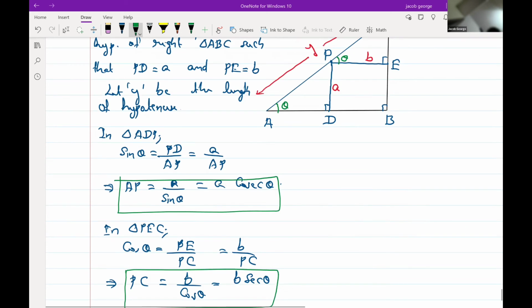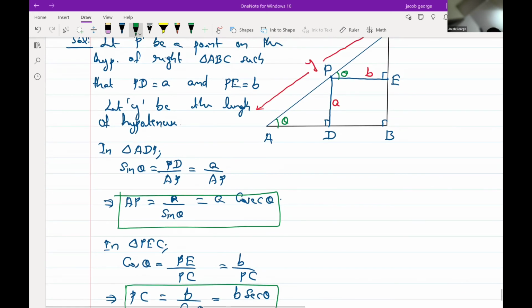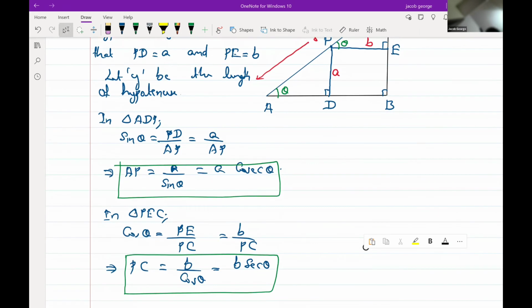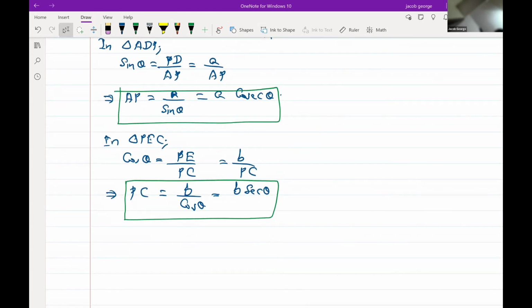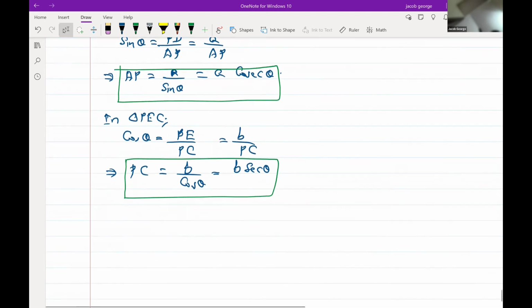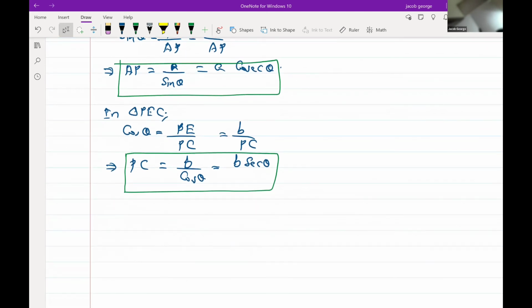Now we can write the length of hypotenuse y is AP plus PC. Then we substitute these values. So we get the length of hypotenuse in terms of one variable theta. So that is the next step.